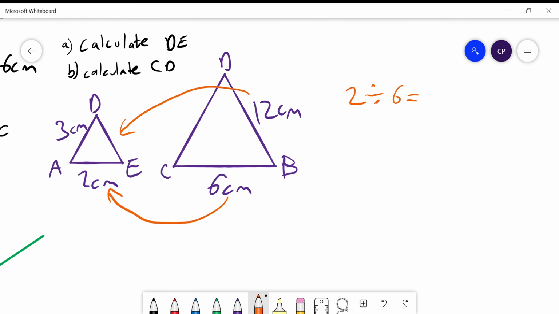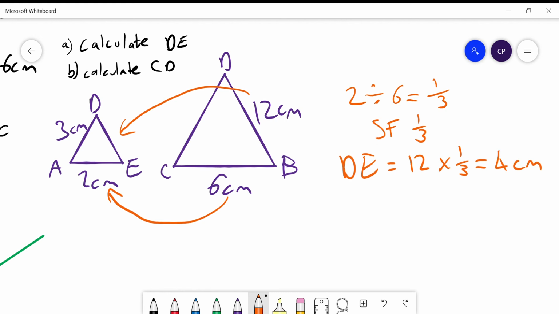So the scale factor for the enlargement, which is making this smaller here, because remember enlargements can make it smaller too, is going to be 2 divided by 6, which is 1/3. So if my scale factor is 1/3, that means to figure out DE, I need to do my 12 centimetres times by 1/3. Well, 1/3 of 12 is 4 centimetres. Okay, so that does that one.